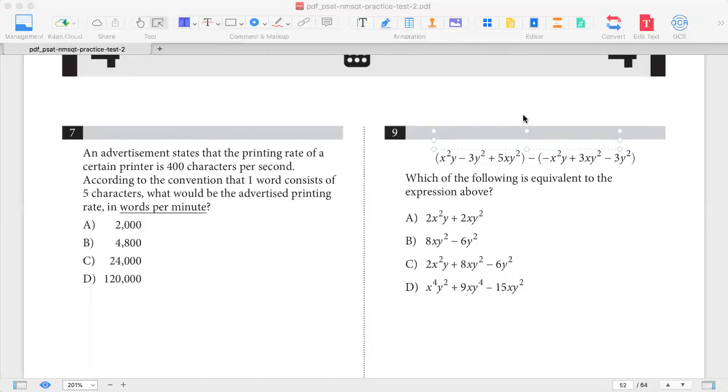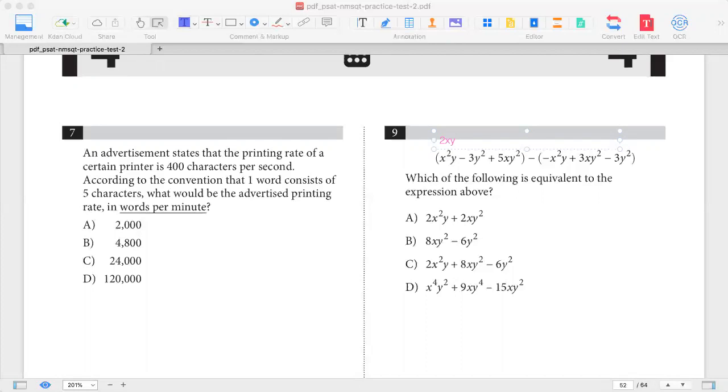So I will write 2x squared y. I will write all the exponents after I finish because I don't have an option to write exponents here.